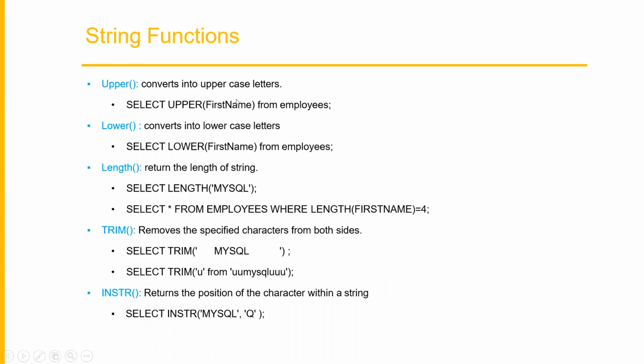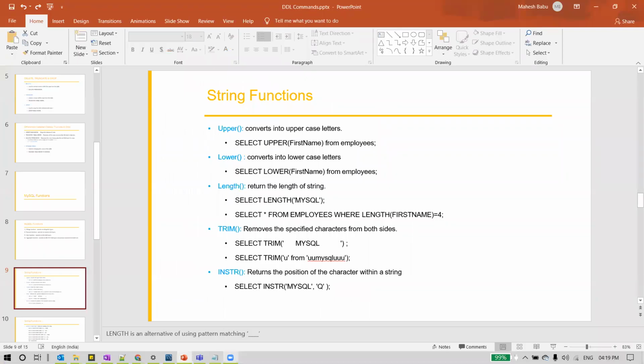You can specify some data in single quotes, or from some table name, and then that data will be converted. Whatever case you give, the entire string or text you provide inside the upper function will be modified to uppercase letters. So that's the use of the upper function.